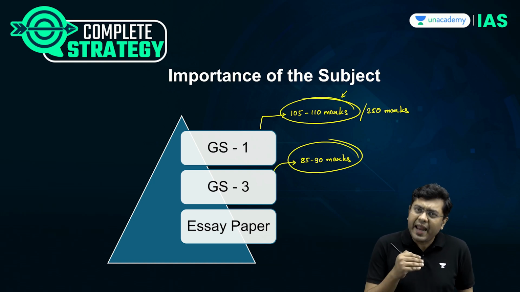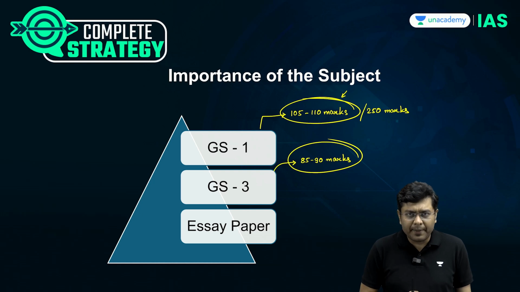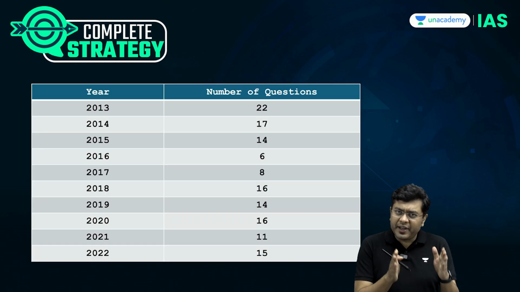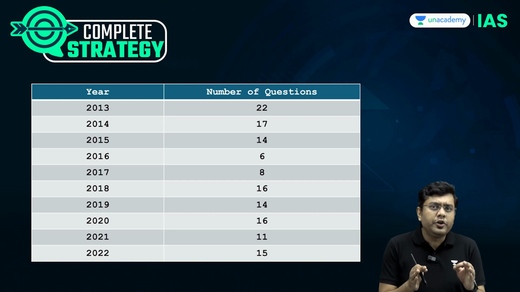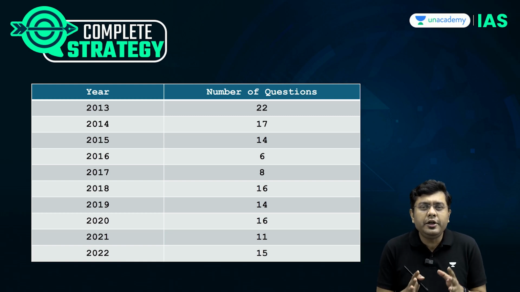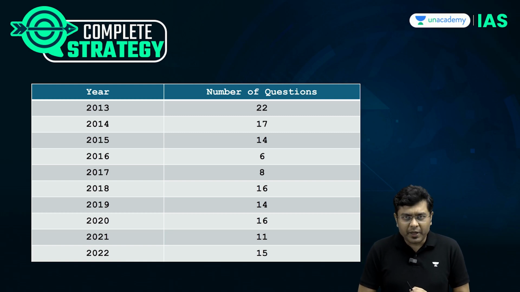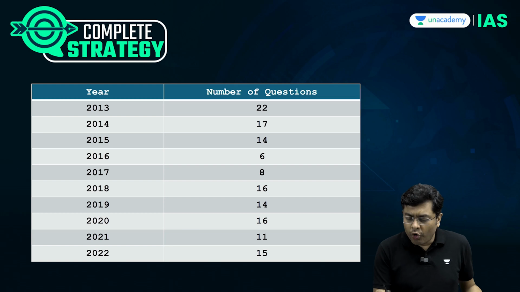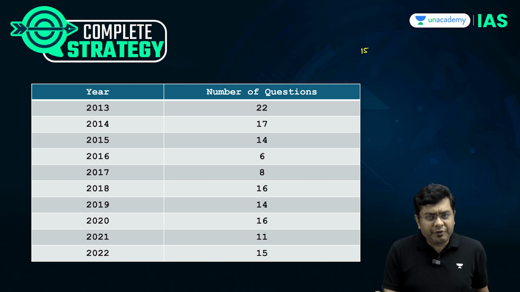But then, the entry level is the prelims exam. Now, in the prelims examination, if you consider the subject of geography in itself, every year you get on average around 15 to 16 questions. You add that to the 14 to 16 questions that you get from environment and ecology.